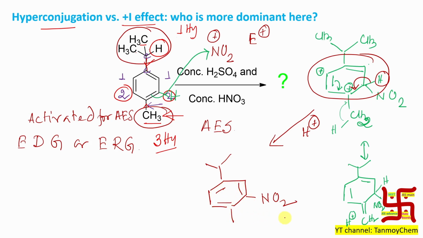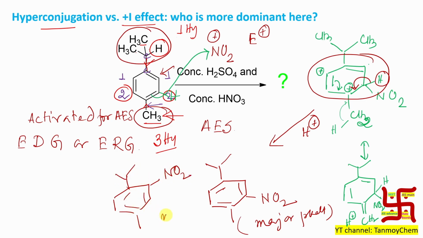This is the aromatic electrophilic substitution product, and this is the major product. Now the other one, substitution at this place, could be possible, but in this situation it will be the minor product. So this is the overall discussion.